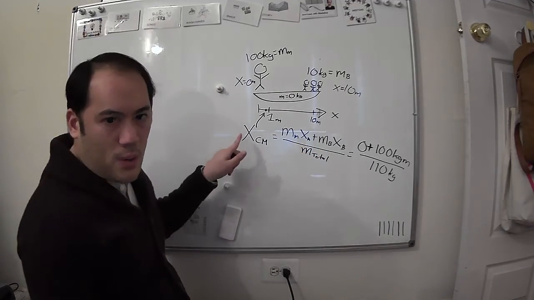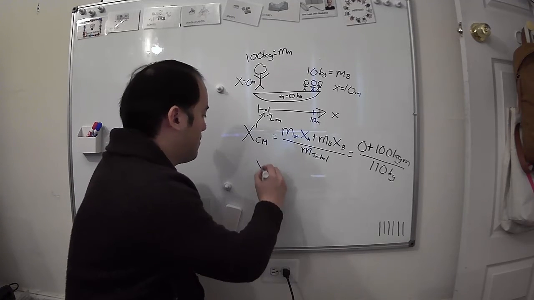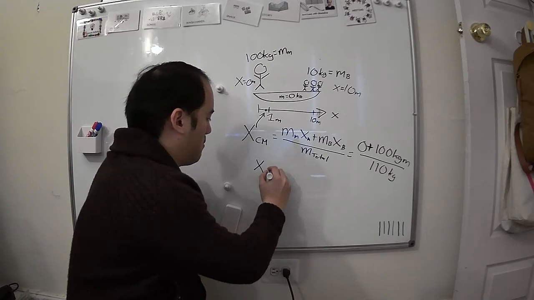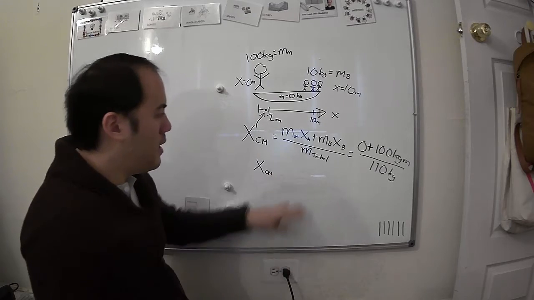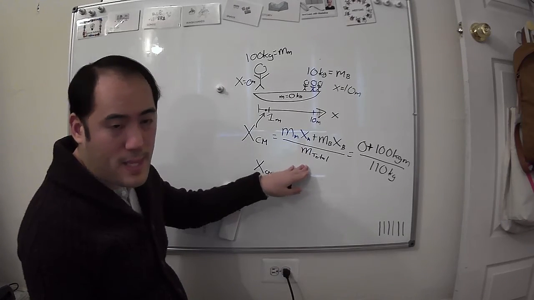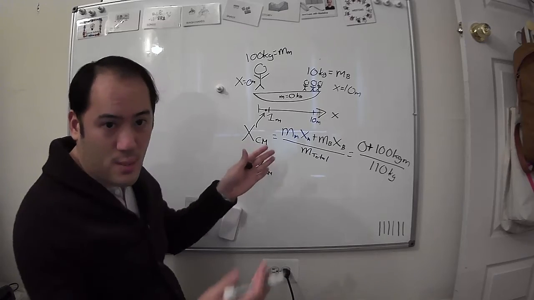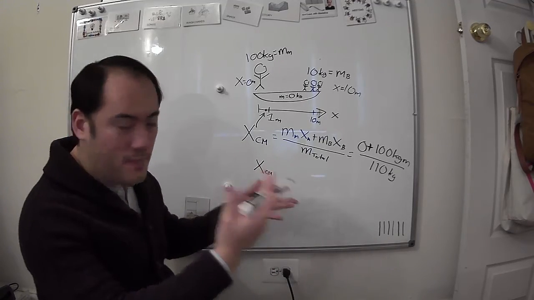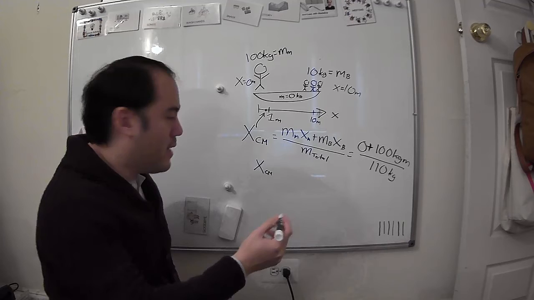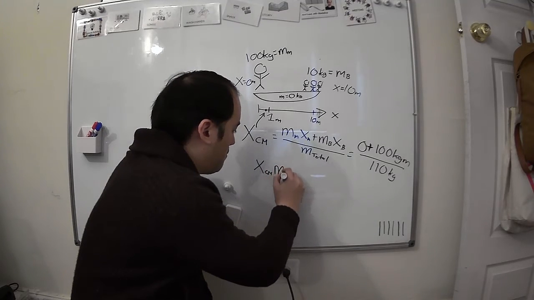Move the m total to the other side. And since m total is basically when you treat all the objects as one, and center of mass is also when you treat all objects as one, you can call it m center of mass.